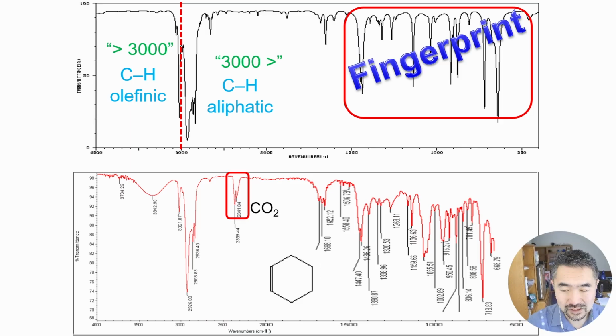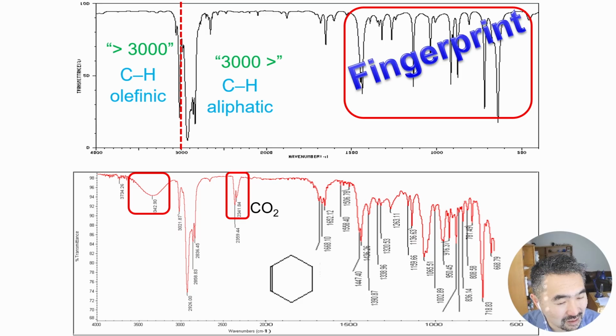And that's because of CO2. If you draw out the structure, the central carbon is sp hybridized, so it shows up around here. And where do you think this came from? Because it's not in this molecule. If you guessed that the student was talking when they were acquiring the spectrum, you would be right. They were exhaling their CO2, and it's sensitive enough to pick that up. So if you do IR in the lab, remember not to talk around the instrument.